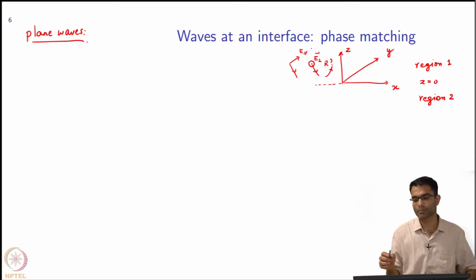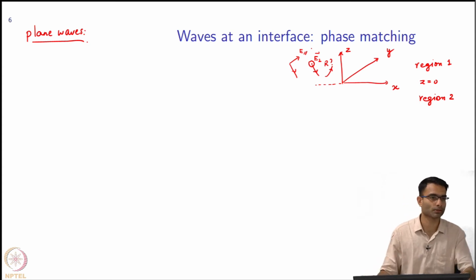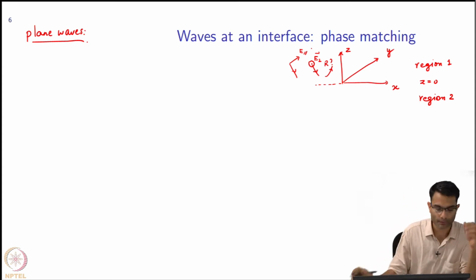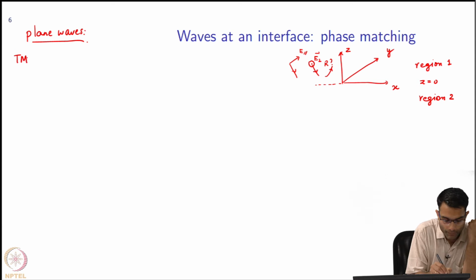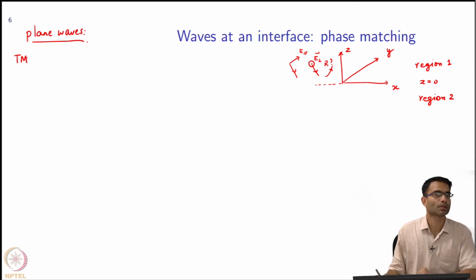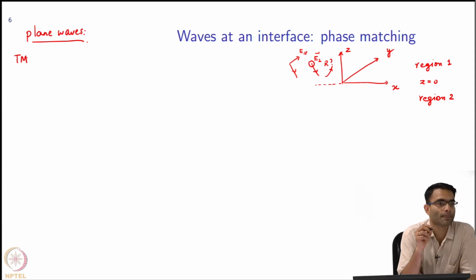These are the two cases, but we will not use this perpendicular and parallel notation, we will just use TE, TM. Okay. So, in TM, what was our situation? I had Hz equal to 0, right.